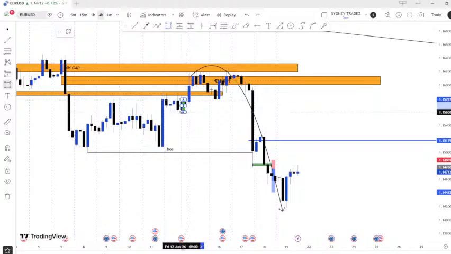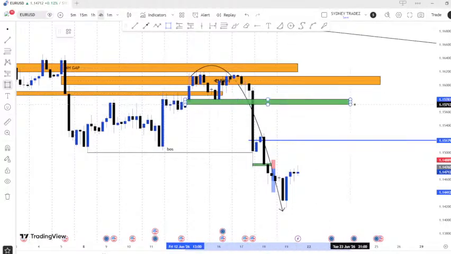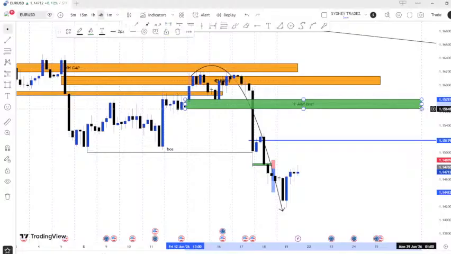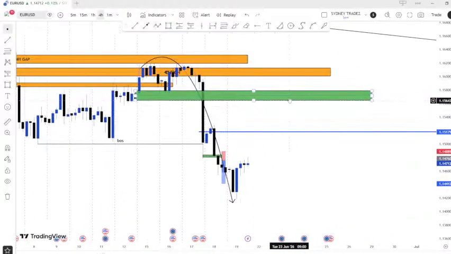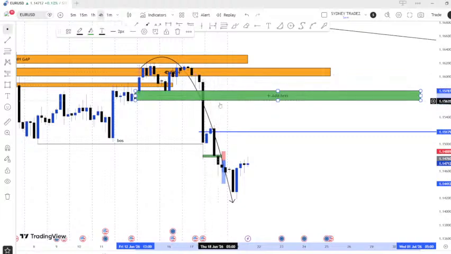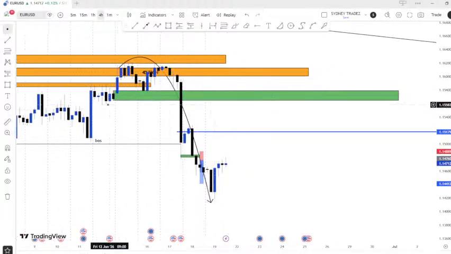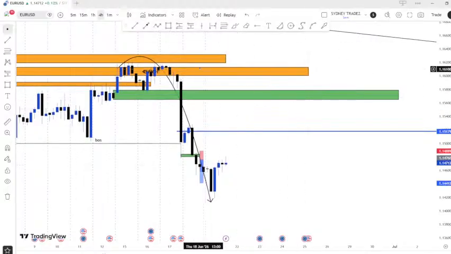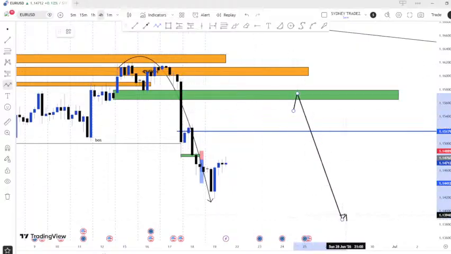Do you see this level right here? Make sure you watch it carefully, because this level can actually hold price without even exceeding to those other levels, because it's very powerful. You can see how it was pushing levels to the upside. Now the moment it was broken, price never came back to retrace on it. So what we expect is price actually tapping on that level and continuing to the downside.